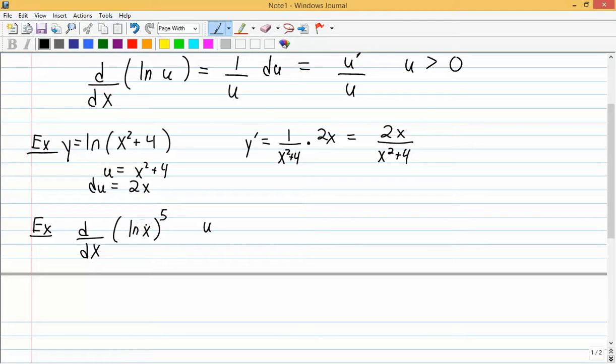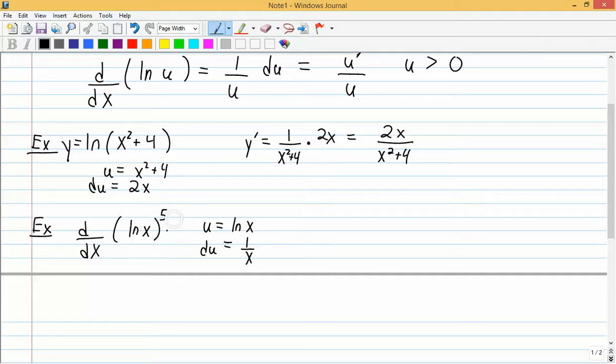So my u is going to be the natural log of x. So then my du is going to be, well, what's the derivative of the natural log of x? Just 1 over x, right? Because it's 1 over u du. 1 over x times the derivative of x is just 1. Okay?